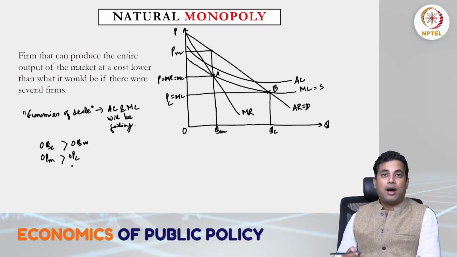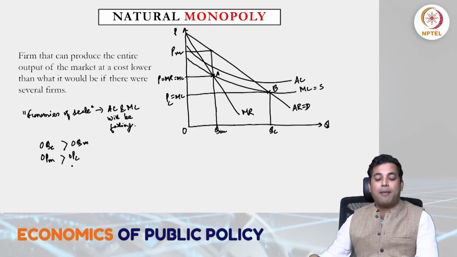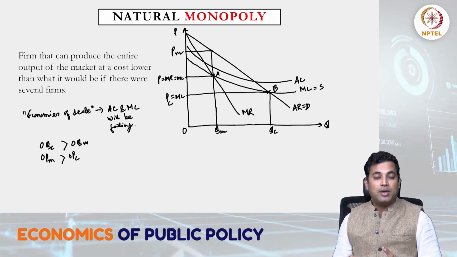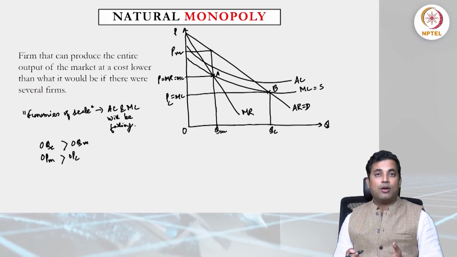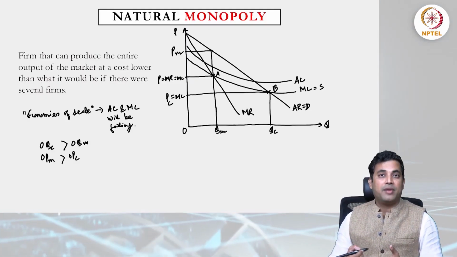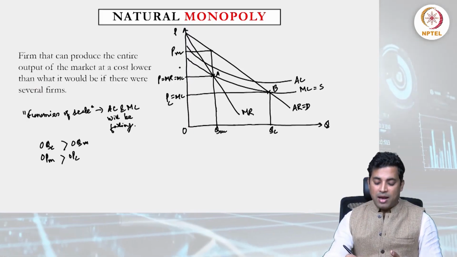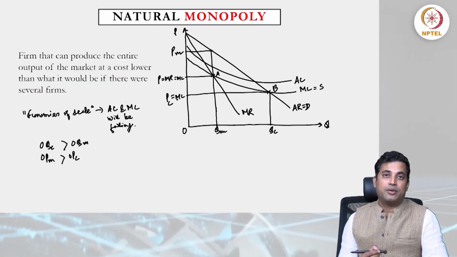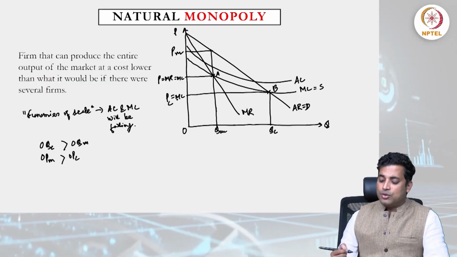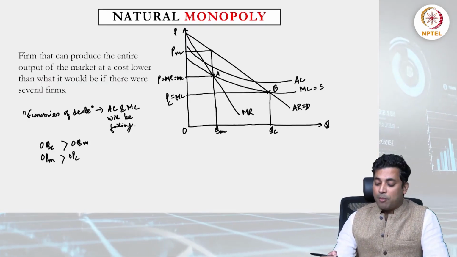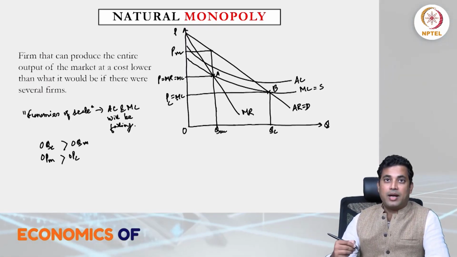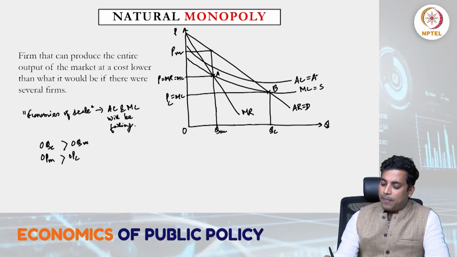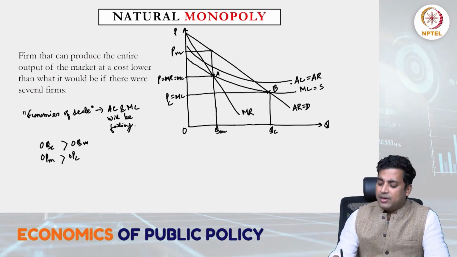Now under the natural monopoly, the gap is too far. The quantity gap between QC and QM is too high, and the price gap between PM and PC is also quite high. So under the natural monopoly, the market will be set at a middle ground, where average revenue intersects with average cost.